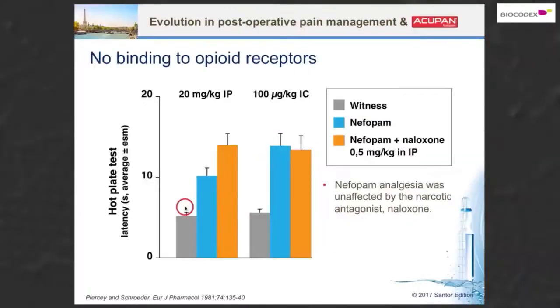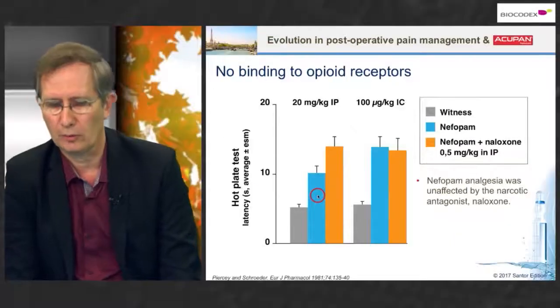histograms are showing the impact of nefopam in animals. You have different doses and different ways of administration of nefopam. You have here this histogram in gray showing the control group with the level of pain induced by the stimulation, and when you administer nefopam, in blue, you have a decrease in the intensity of pain, showing the analgesic effect of nefopam.